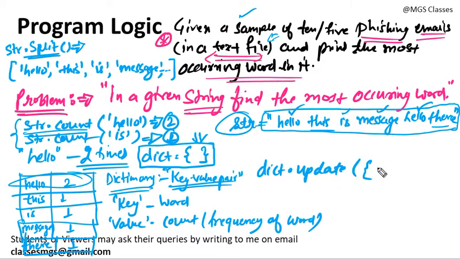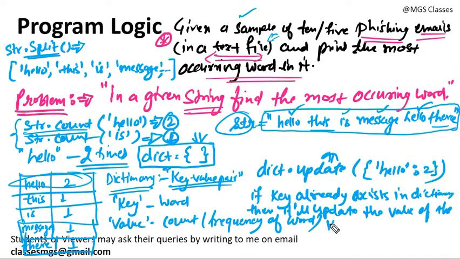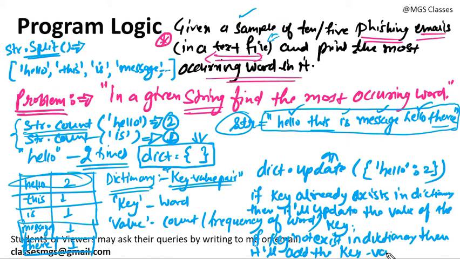If you pass the word here, let's suppose hello and then 2, then what the dictionary update method does is: if the key already exists in the dictionary, it will update the value of the key, and if the key does not exist in the dictionary, it will add the key value pair. So this method we are also going to use.